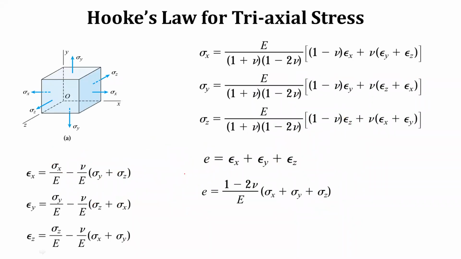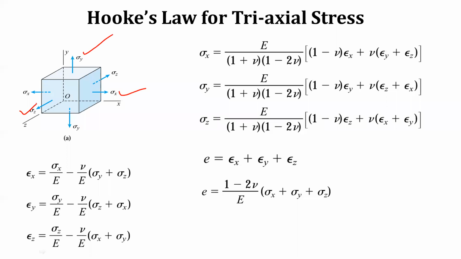Now you will see there are so many equations here, but what are these equations? I will discuss briefly in 2 minutes. See here, what will happen if loads are acting on every surface? On this surface load is acting sigma x, on this surface sigma y, and on this surface sigma z, equal and opposite on each and every surface.